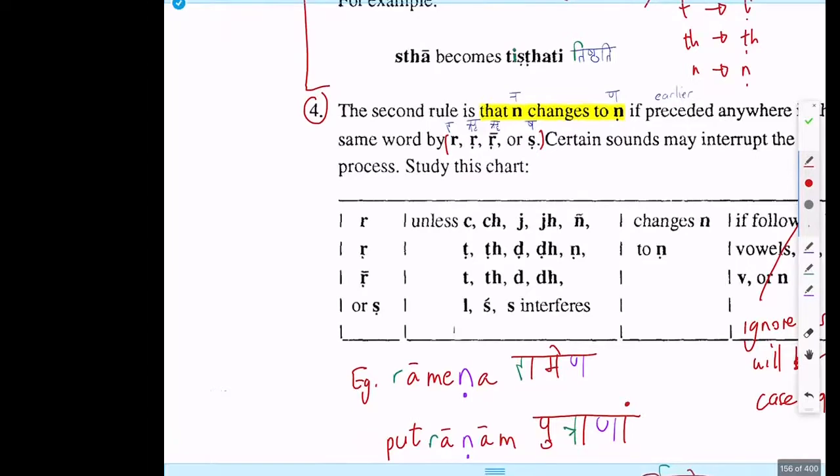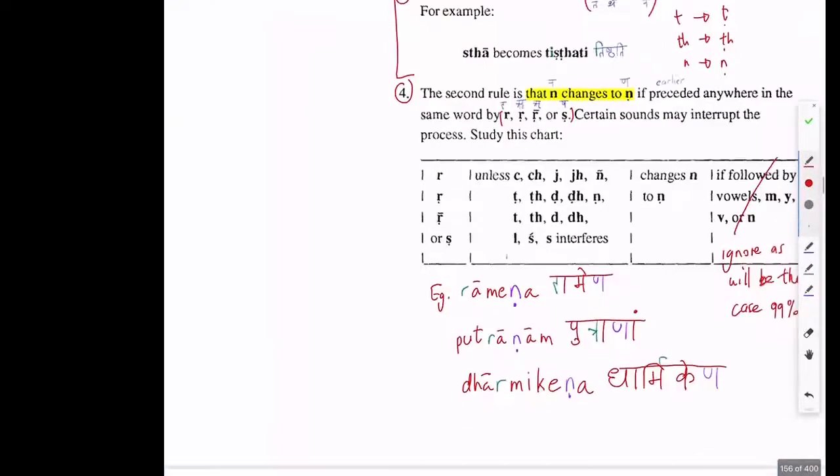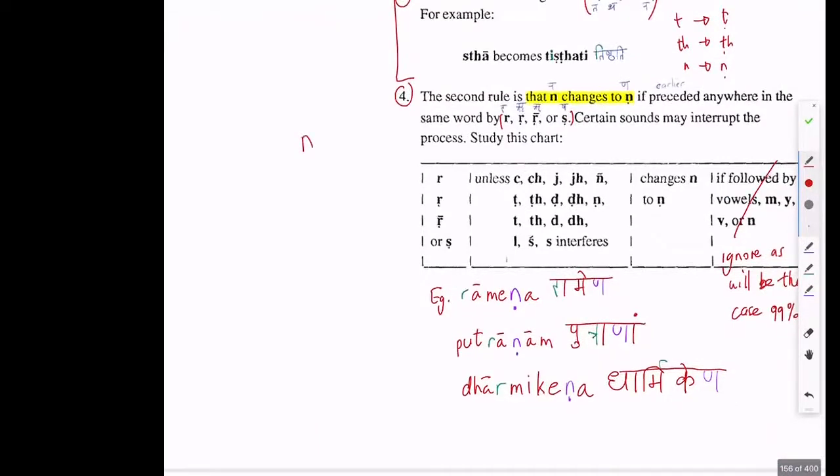Yeah, so here it is. We're now at that part. Okay, so let's do an example. Okay, so what it's saying is n is going to change into a n retroflex if you have any one of these letters before. R, r, r, or sh.